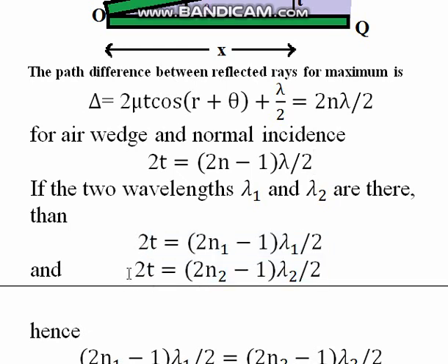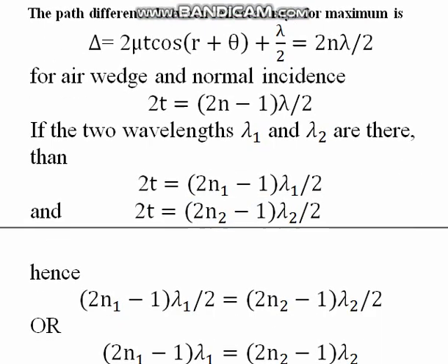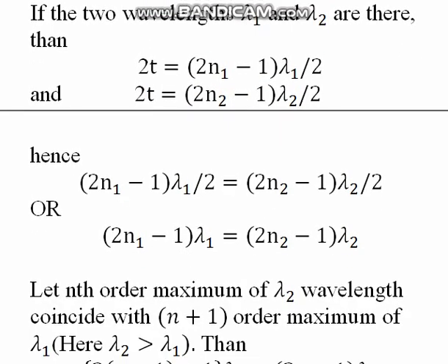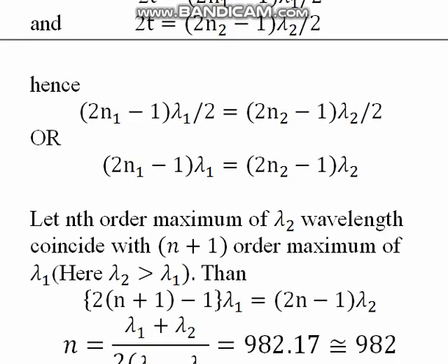Similarly, for the second wavelength, it is twice t equal to twice n2 minus 1 lambda 2 upon 2. So we obtain these two equations. You can compare these two equations, the right hand sides may be compared. By comparison, we obtain this equation.